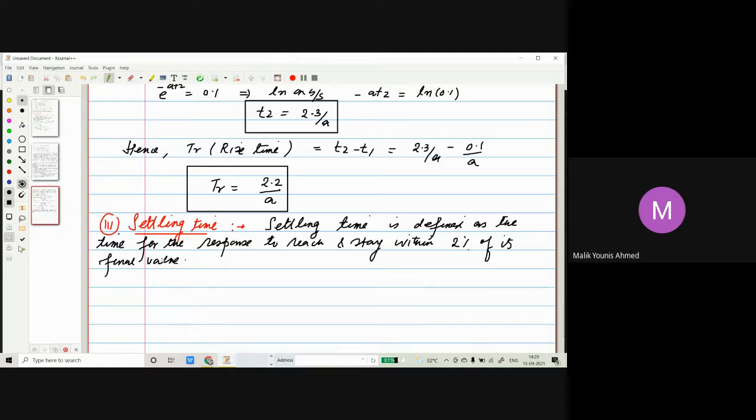So settling time, you should always remember, is the time for the response to reach the steady state value and settle within the 2%. Whatever the final value will be, within 2% it has to settle down.